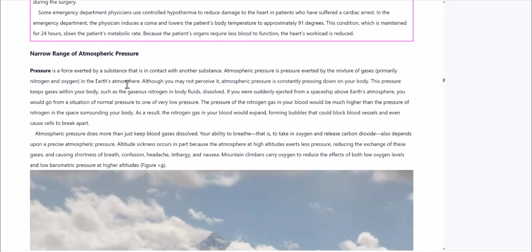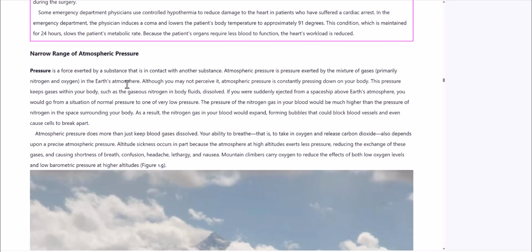And if we go to a place high in the mountains, there is less atmospheric pressure. There is the same amount of oxygen in the air, but when you go to high altitudes, there is less of this atmospheric pressure, and that causes less air to be pushed into your lungs, and therefore your body senses that it isn't getting enough oxygen.